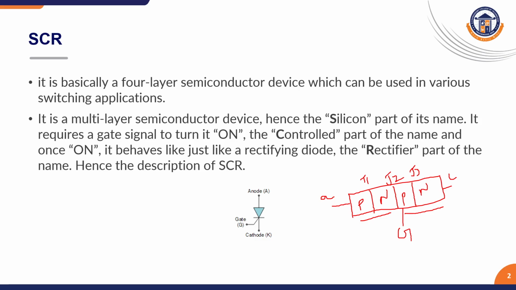So it is a bipolar blocking device, a unidirectional conducting device, and a pulse triggered switch. It is a semi-controlled switch. The SCR is so called because silicon is used for its construction and it operates as a rectifier.